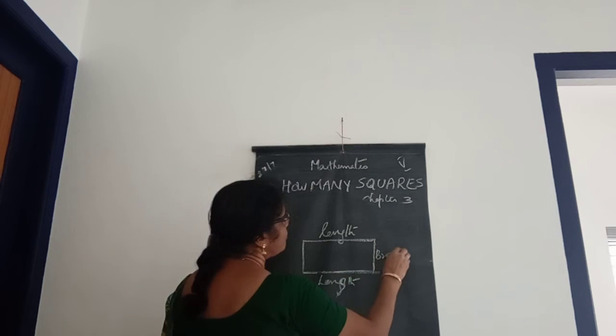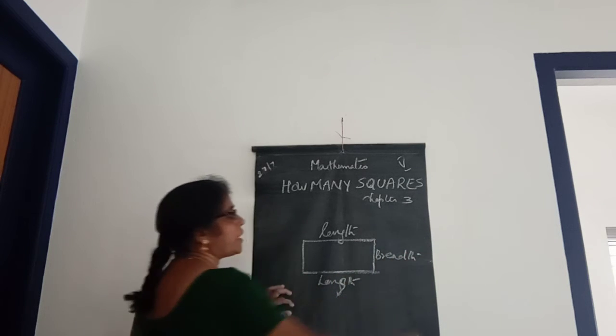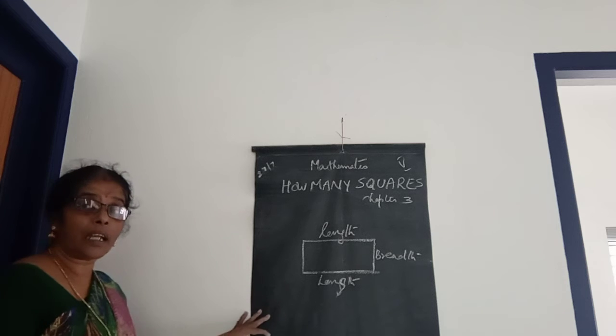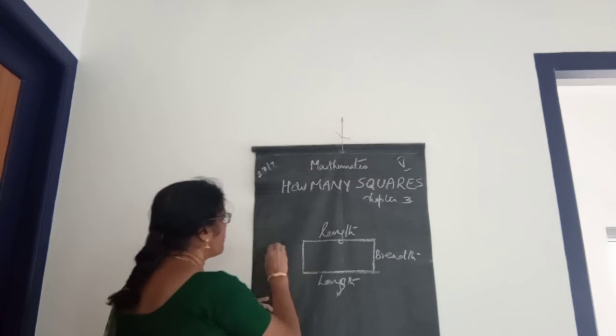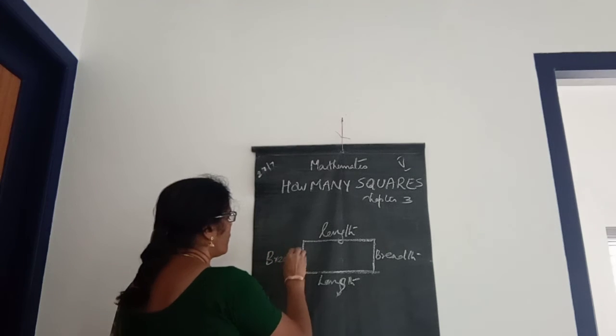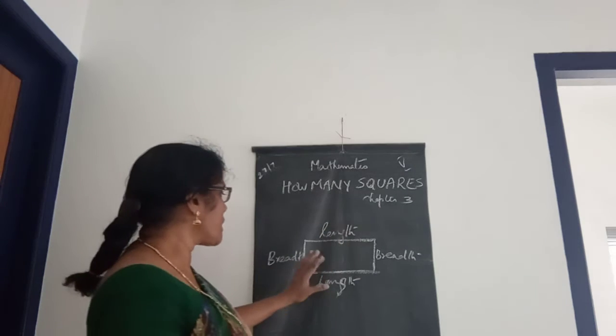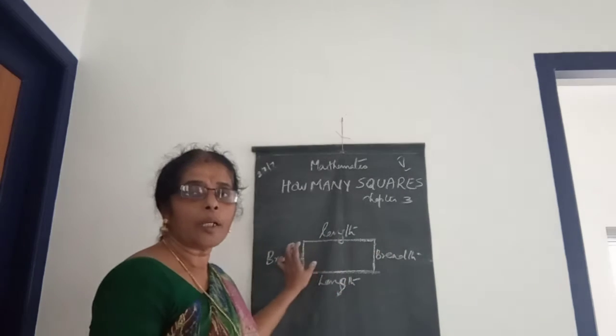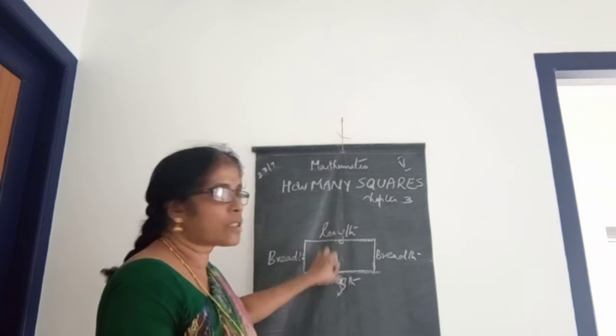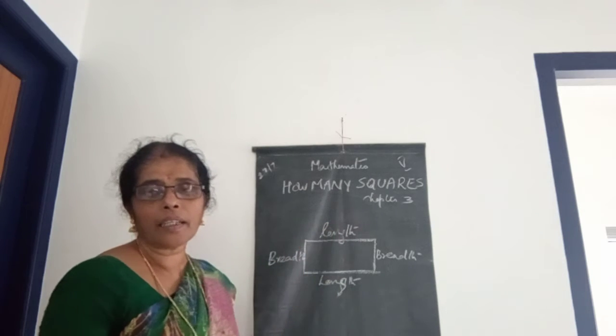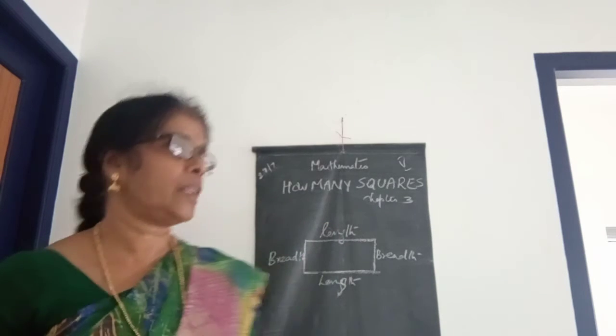And this we can call breadth. Breadth, B-R-E-A-D-T-H, breadth. So of these four sides, these two opposite sides are breadth and these two sides are length. Length and breadth. Okay.